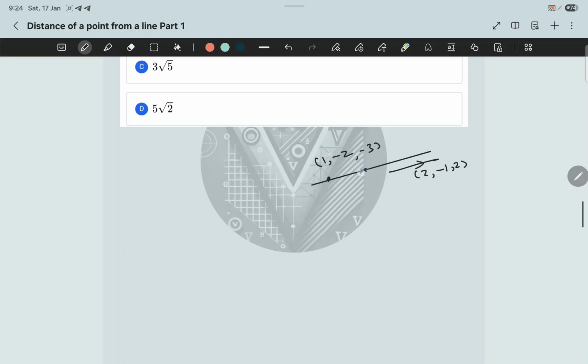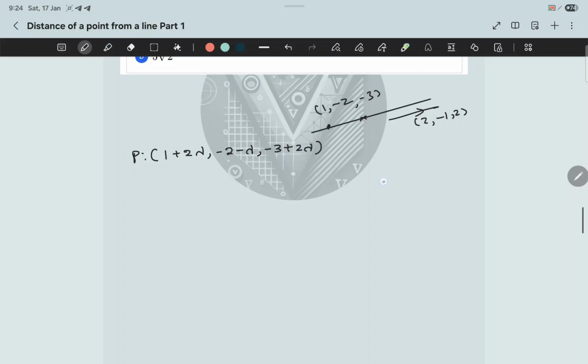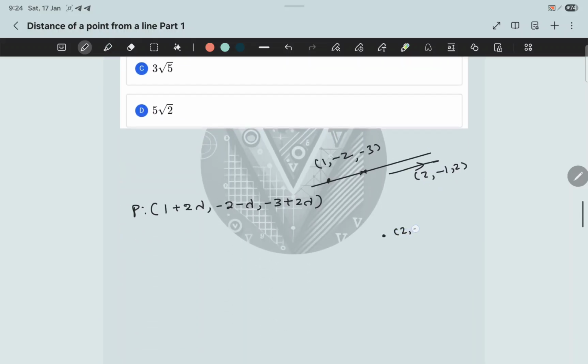Now any point on this line can be taken in this way, that is x1 plus a lambda, y1 plus b lambda, z1 plus c lambda. Now we need the distance of the point (2, minus 10, 1).